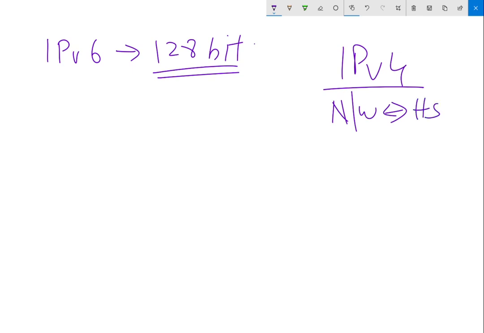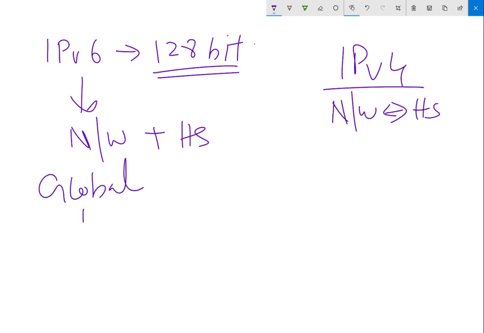The same thing, IP version 6 also has a network part and a host part. But we don't call it a network part or a host part here. Instead of network details and host details, we call the network part the global ID, and the host part the interface ID.